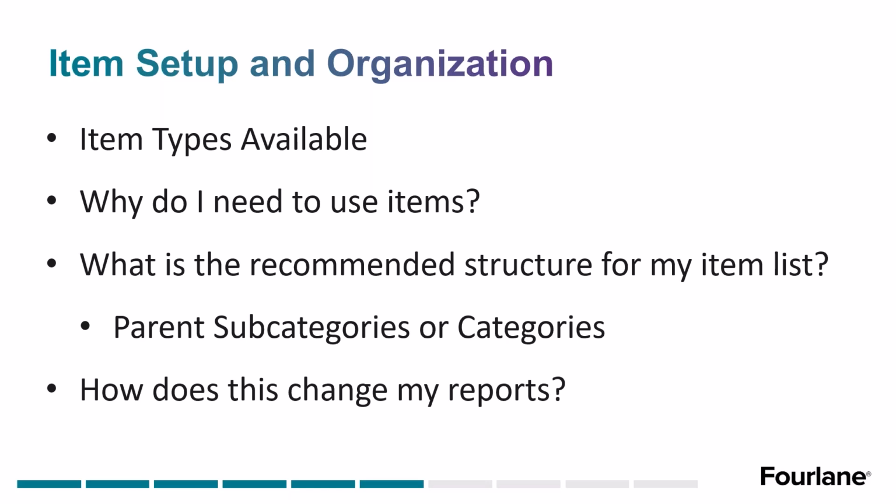And then how does this change my report? So I have had a lot of success with parent sub relationships and or categories. And so I want to make sure that everyone understands, when we do parent sub relationships or categories, what does that change? How's that going to change my view?